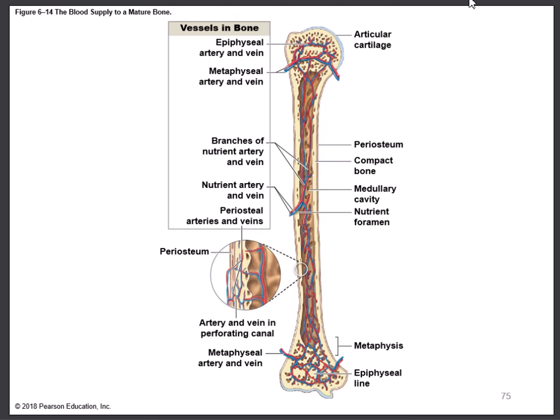So here's a picture from the Martini book. If you look in the shaft right over here, right about there, there's a hole in the compact bone, and then the artery going in is the nutrient artery, the vein going out obviously is a nutrient vein. Then you can see the blood vessel goes in and it just expands throughout the diaphysis, spreading throughout the bone.